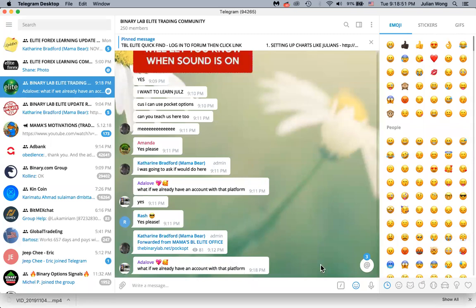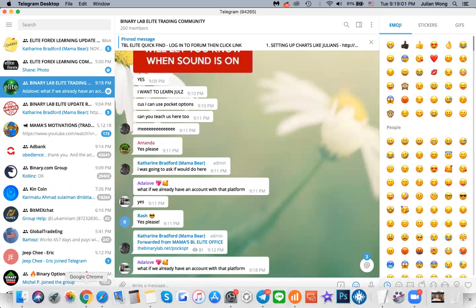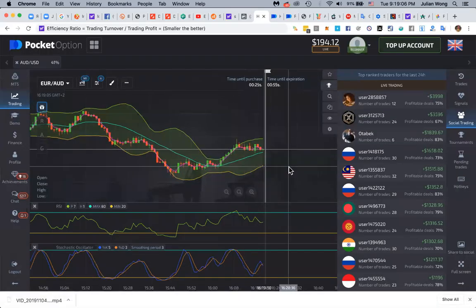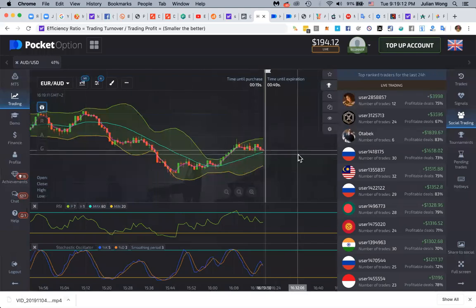By the way, if you are even thinking of having a second account, I just want to warn you that it's very important that you use a different name, different email, different device. We have someone where husband and wife have separate accounts on separate computers. I clarified with customer support that if it's the same computer, you can get flagged.